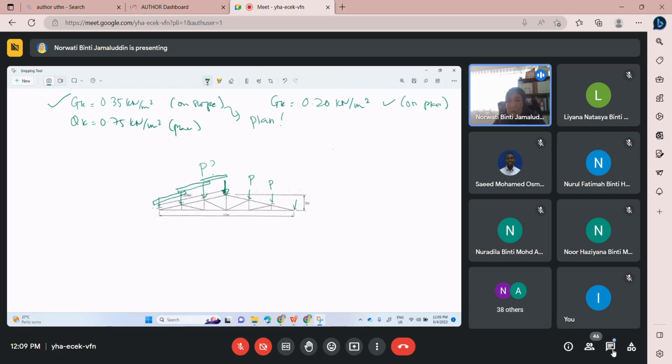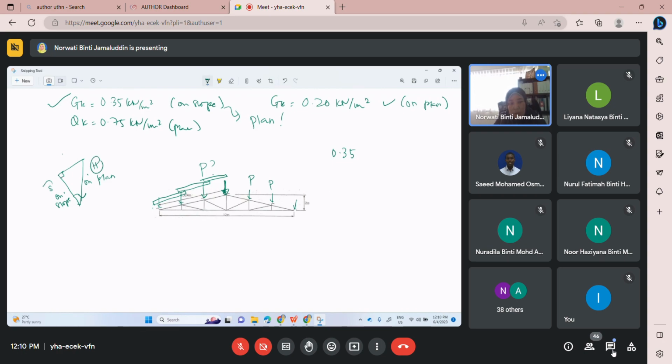So 0.35, multiply by, convert from on slope to on plan.